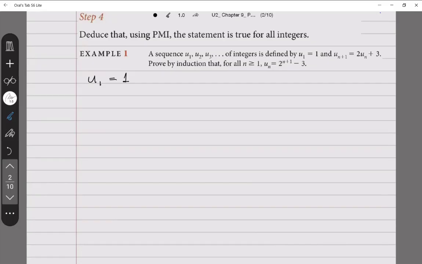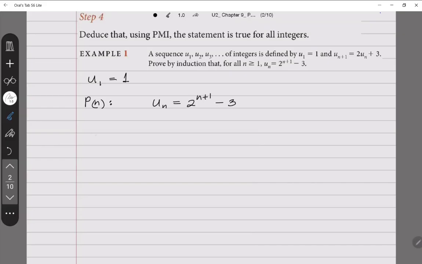This means that this is a recursive sequence. We're to prove by induction that, so this is a statement we need to prove, and I normally call this statement some function of n, this statement is Un is equal to 2 to the n plus 1 minus 3.